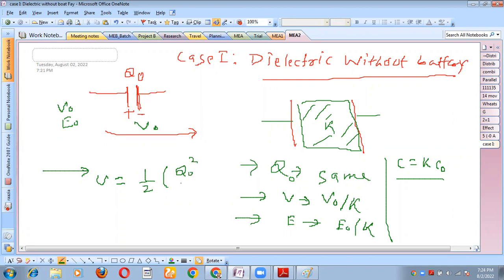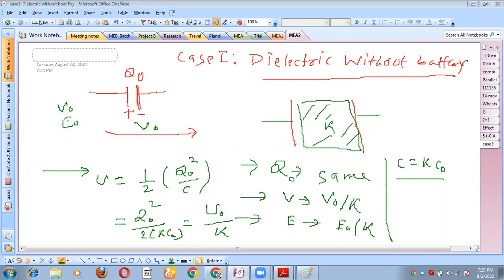The charge is the same and the capacitance becomes K C naught. So it will be Q naught square by 2 K C naught. Energy will also decrease. U will become U naught by K, since Q naught square by 2C naught is U naught. Getting my point? Understood this one? So potential will decrease, electric field will decrease, energy will decrease.